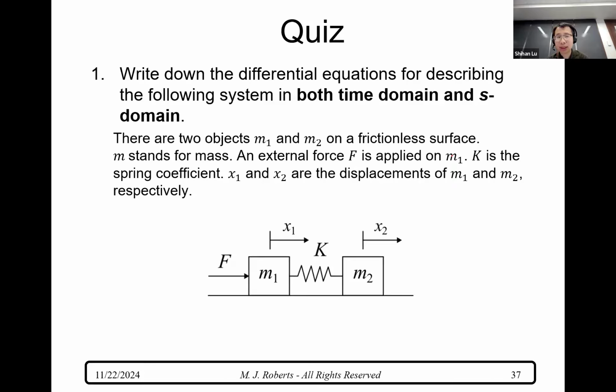The question is, how would you describe such a system, and what's the input and what's the output? We have similar examples in the last lecture. Refer to it, and think about how you would use those tools to describe such a dynamic system, such a mechanical system.